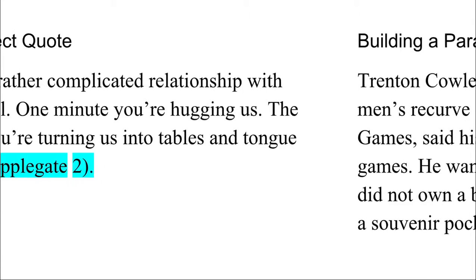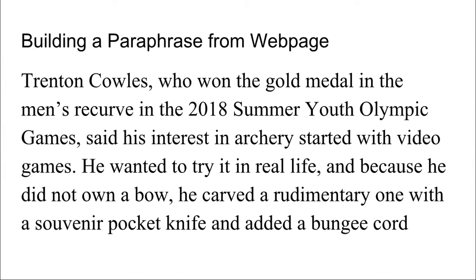Now let's build a paraphrase for a web source. Trenton Cowles, who won the gold medal in the men's recurve in the 2018 Summer Youth Olympic Games, said his interest in archery started with video games. He wanted to try it in real life, and because he did not own a bow, he carved a rudimentary one with a souvenir pocket knife and added a bungee cord.